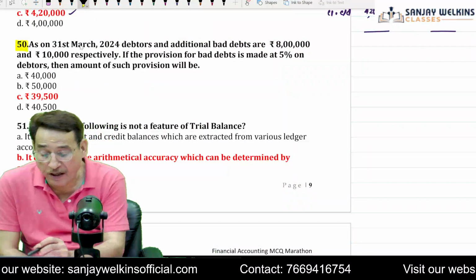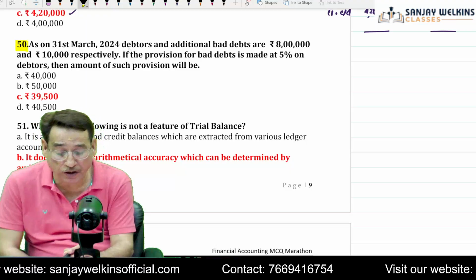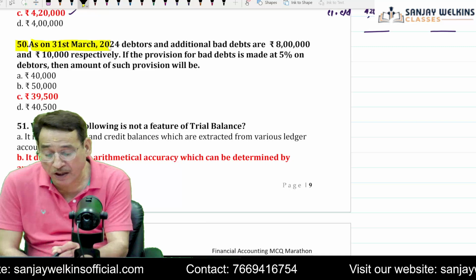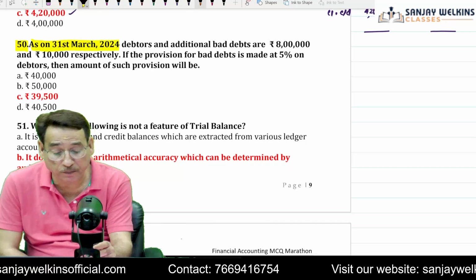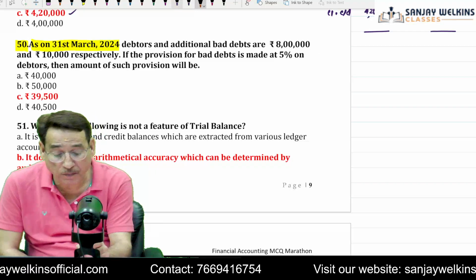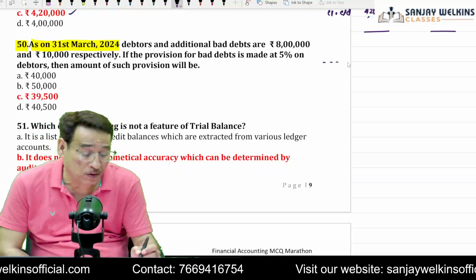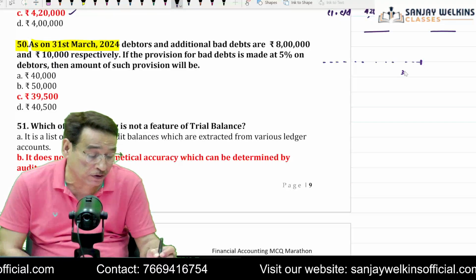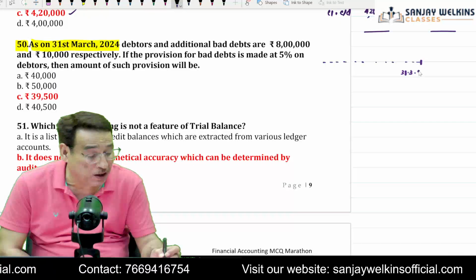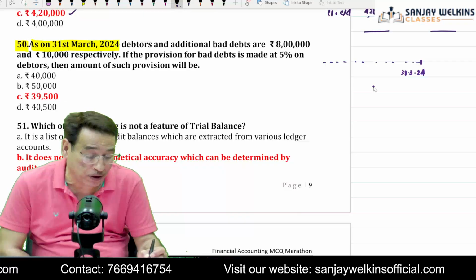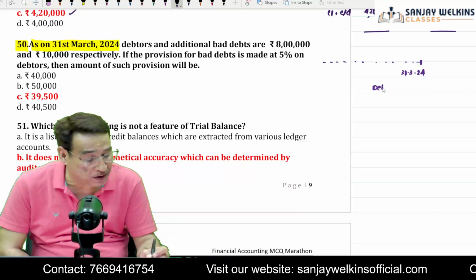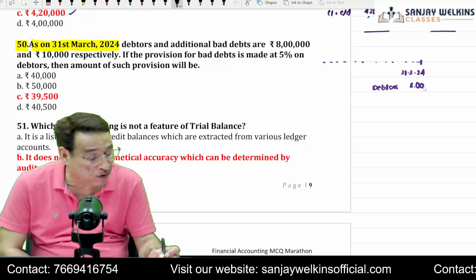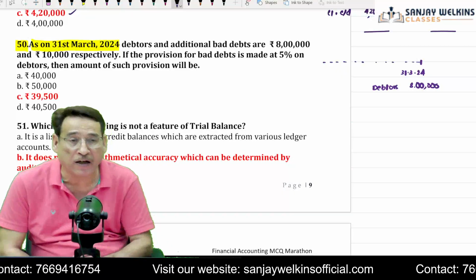Then it is given that as on 31st of March 2024, debtors and additional bad debts were given. Just wait. As on 31st of March 2024, it is stated that on this particular date, debtors is equal to 8 lakh.